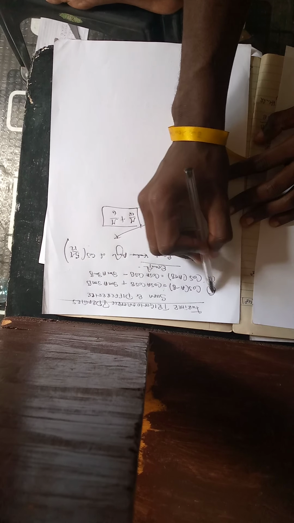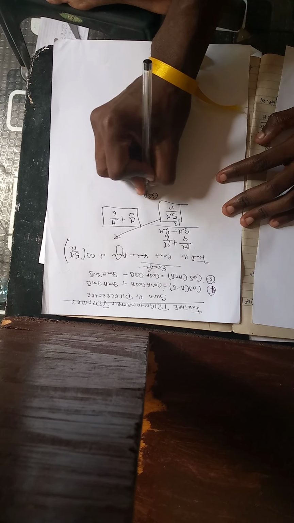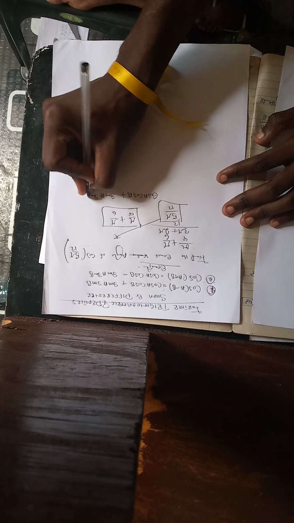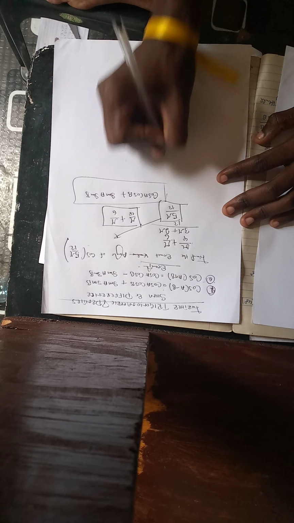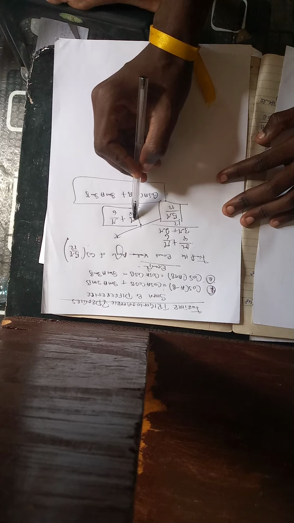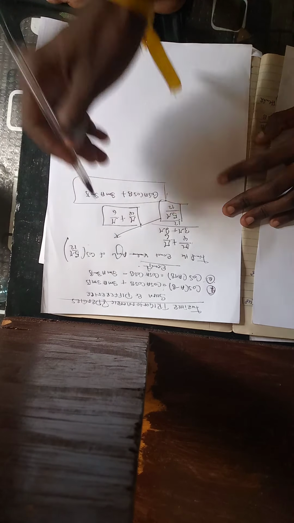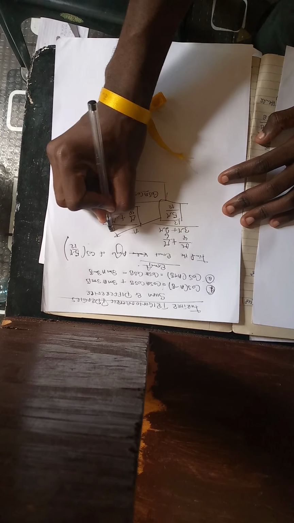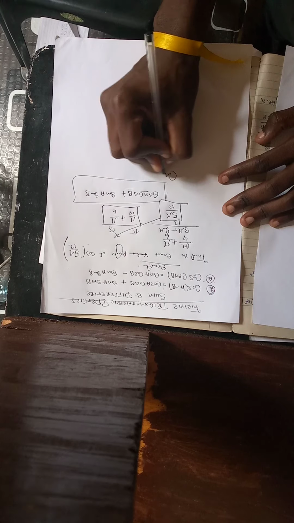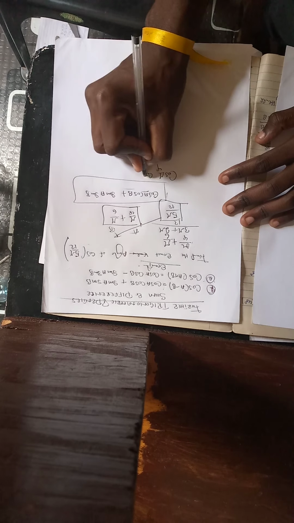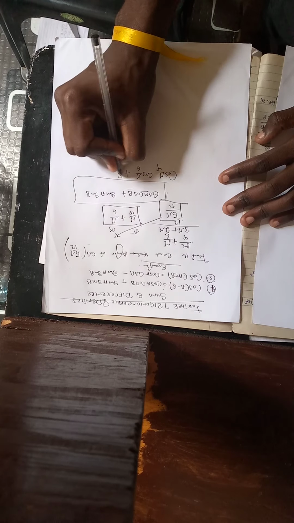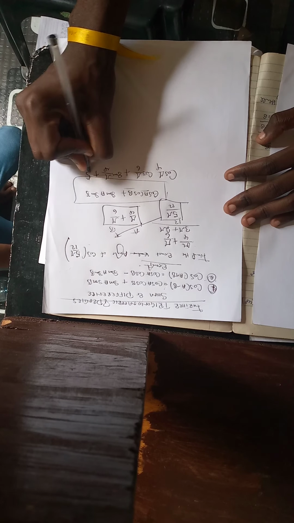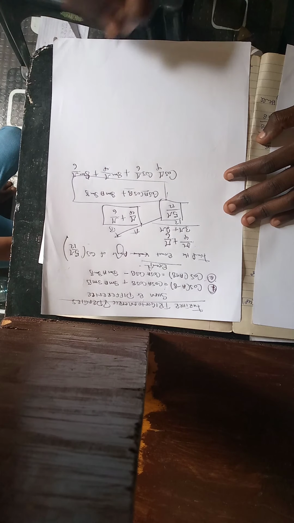We can say that it's identity 1, which is cosine of A cosine of B plus sine of A sine of B. Now we are going to replace pi over 4 and pi over 6 where there's A and B. So this can be our A, this one can be our B. So it will be cosine of pi over 4 cosine of pi over 6 plus sine of pi over 4 sine of pi over 6.